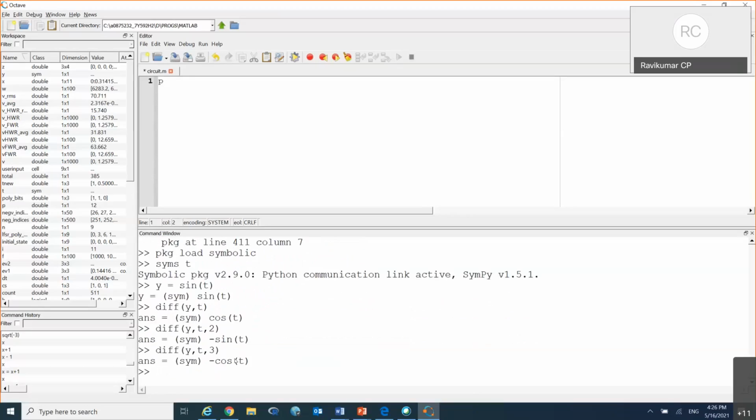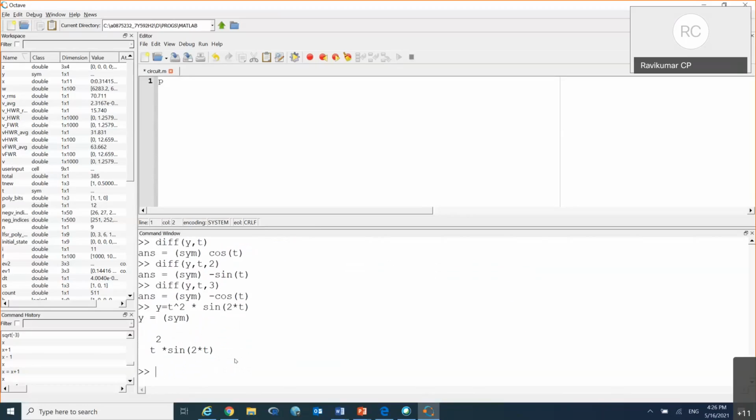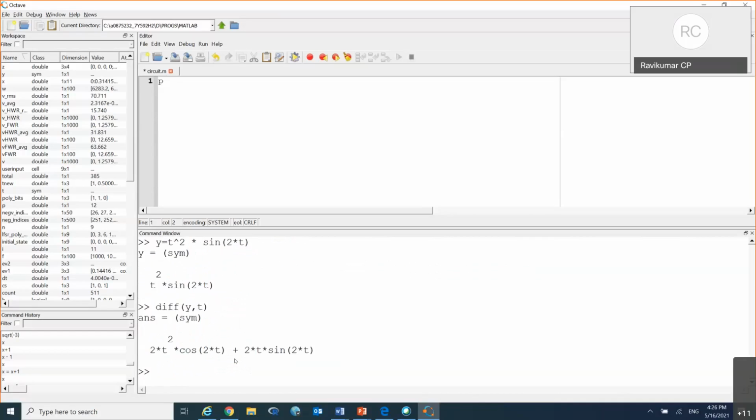So you can take any complex function, for example, y equals t square times sine of 2t. This is a complex function, but you can differentiate it if you wish. This is an example of symbolic computation. So t square multiplied by 2 cos 2t plus sine 2t multiplied by 2t.